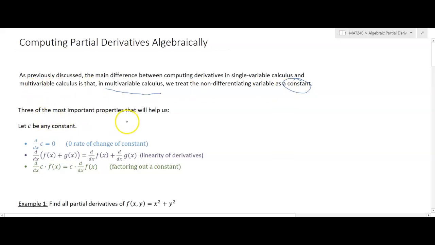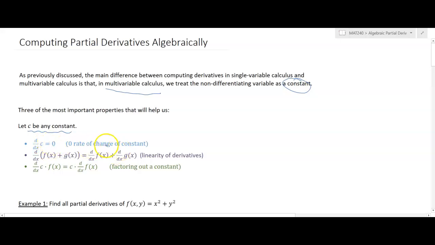So the three most important properties that really hammer home why we do things the way we do are these three properties here. First, the derivative of a constant. Let's define C to be any constant we want, any real number, positive, negative, rational, irrational, integer, non-integer. The derivative, remember this is the derivative operator, of a constant gives an output of 0.